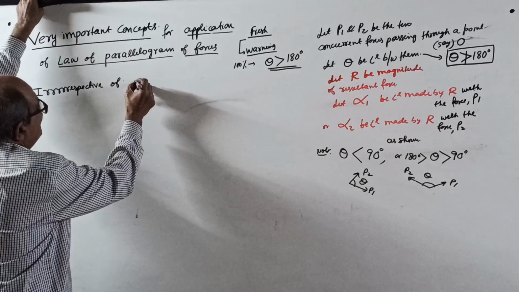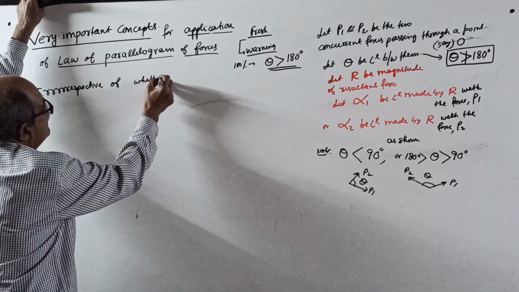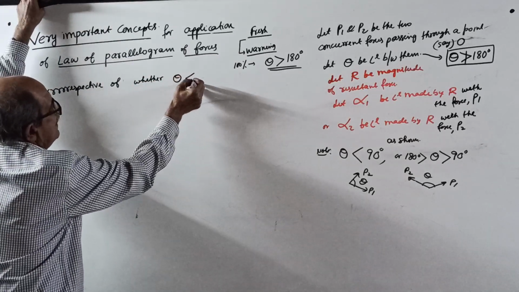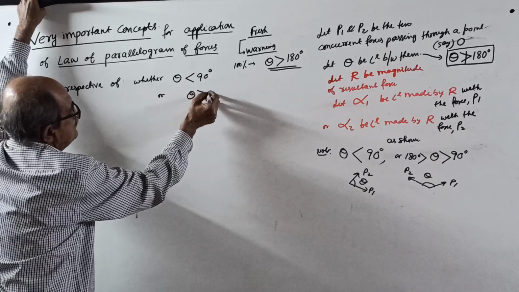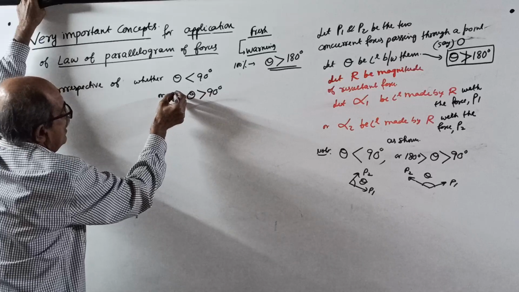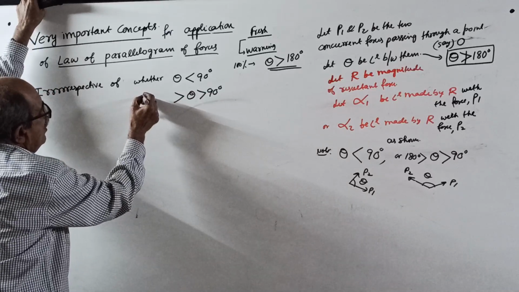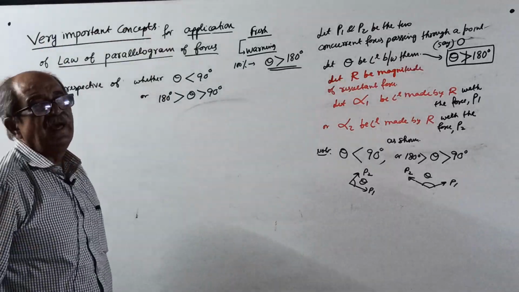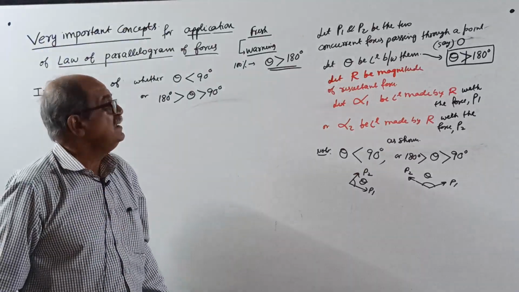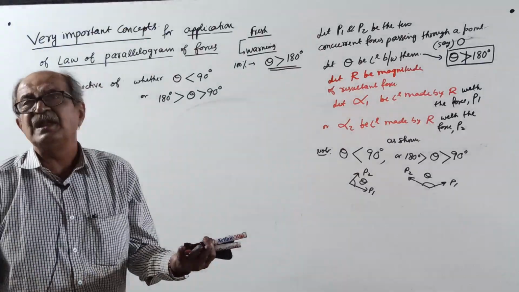Irrespective of whether theta is less than 90 degrees or theta is more than 90 degrees and less than 180 degrees. Remember, more than 180 will never come. If it is exactly 180, no theorem is required.